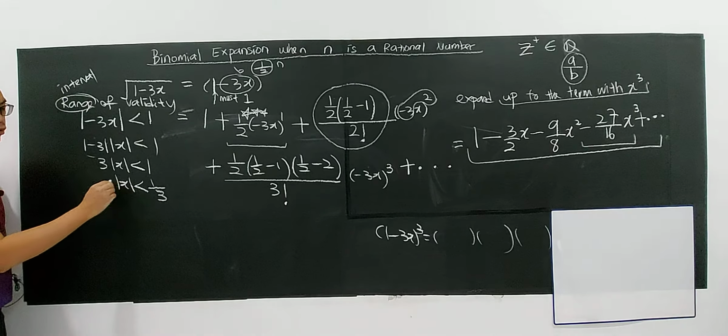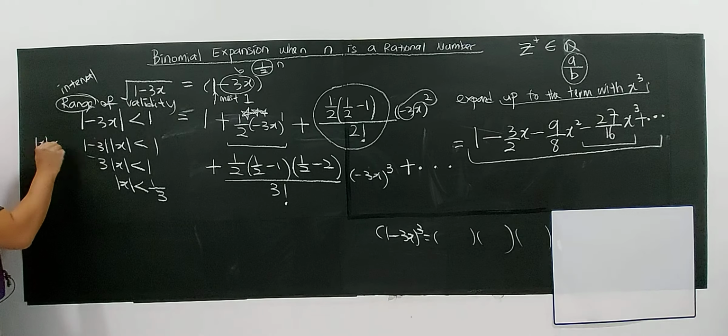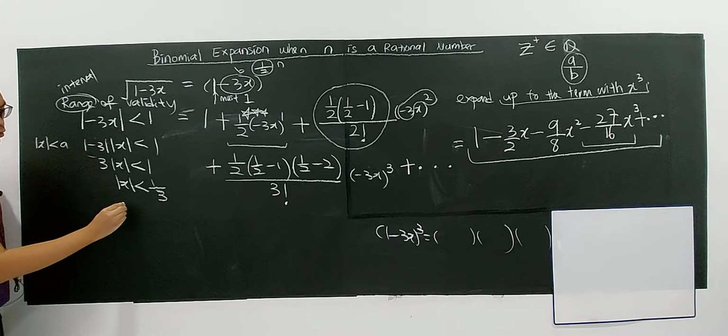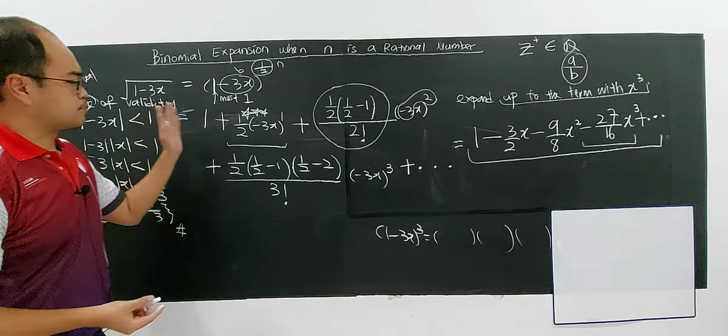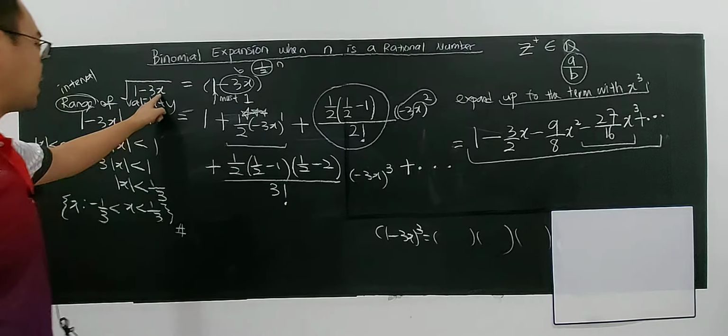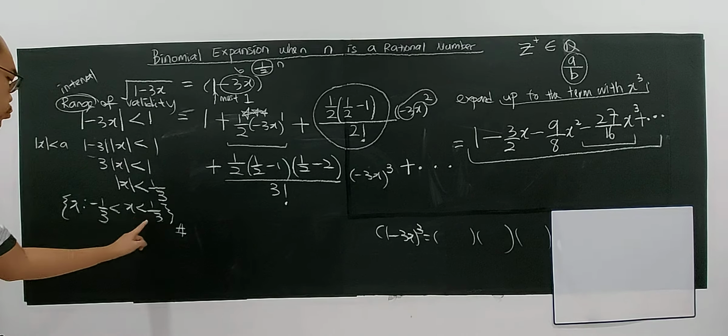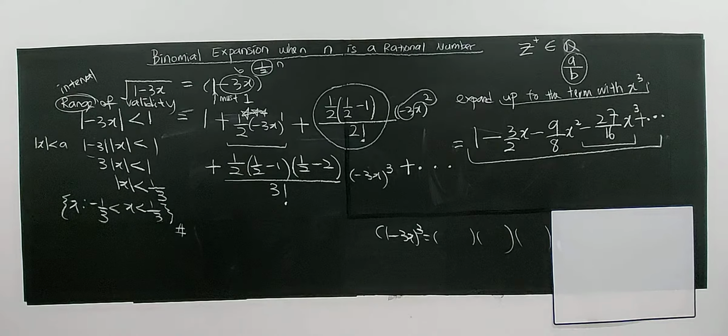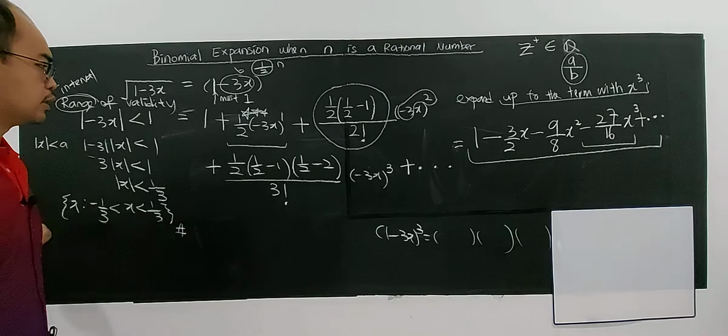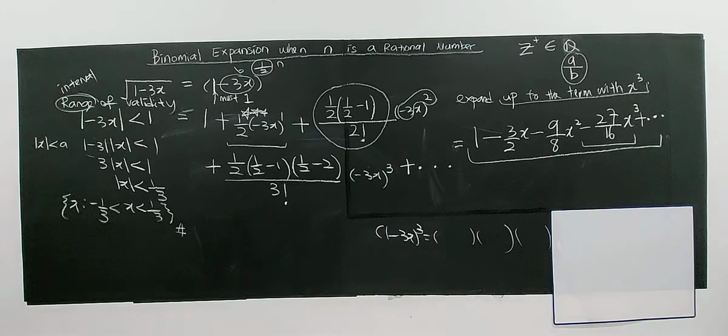In chapter 2, you know this definition, less than a. So you can write x between negative 1 over 3 and 1 over 3. So this is the condition. If this expansion is valid, the value of x must be between these two values. Outside this range, this expansion is no longer valid.